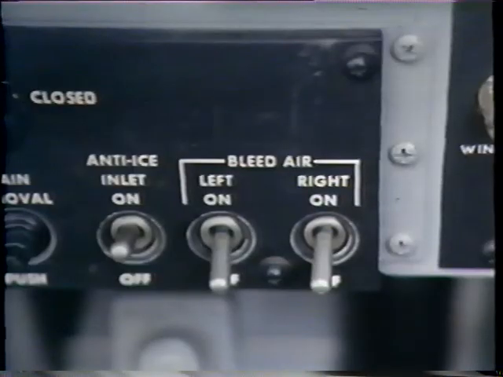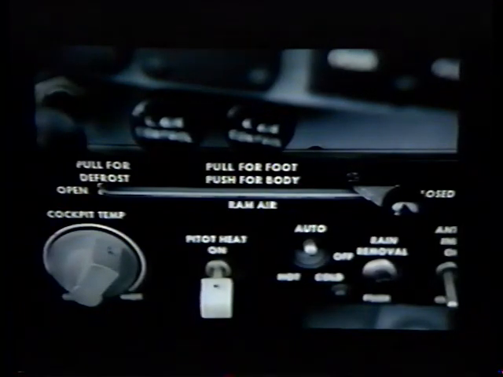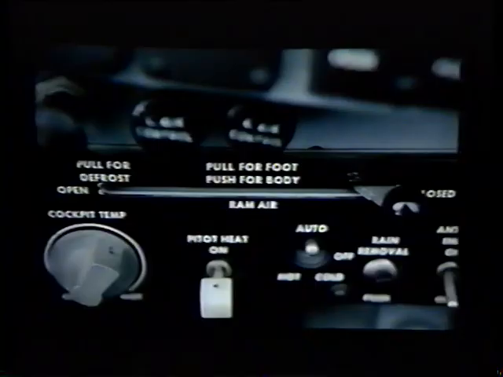Turning the bleed air off is a good idea during flight through toxic clouds, such as napalm smoke, and during in-flight refueling to prevent fumes in the cockpit. The ram air lever should be in the closed position whenever the bleed air is on and during in-flight refueling.